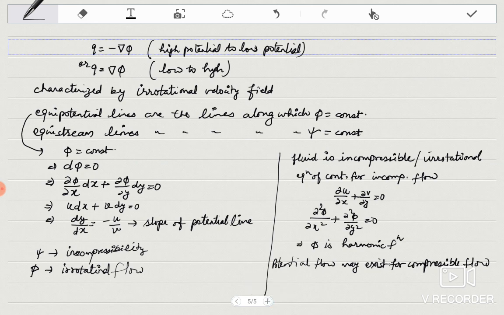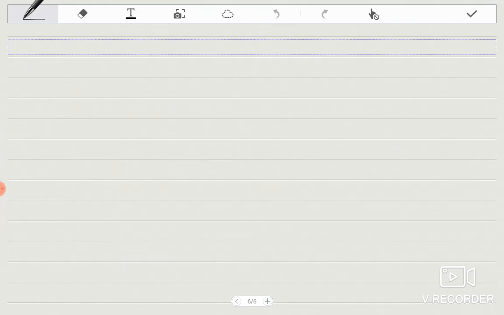Similarly, flows with strong vorticities may not be approximated by potential flows. Why?